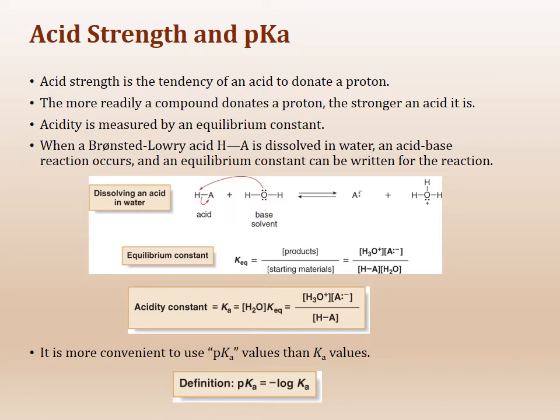The strength of an acid is determined by the ability of an acid to donate a proton. So the more it can donate a proton, the stronger acid it is. And remember from your Gen Chem that pH is the negative log of hydronium ion concentration, which means that the more hydronium ion there is in solution, the stronger the acid is going to be.